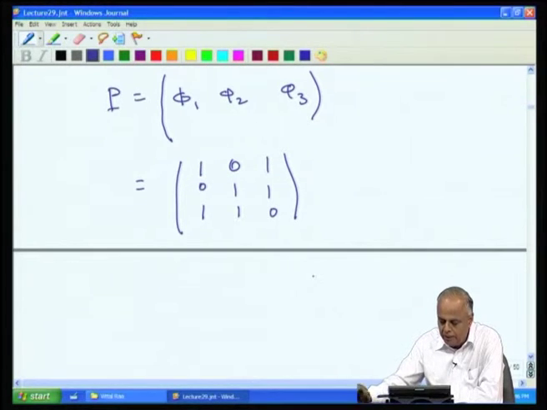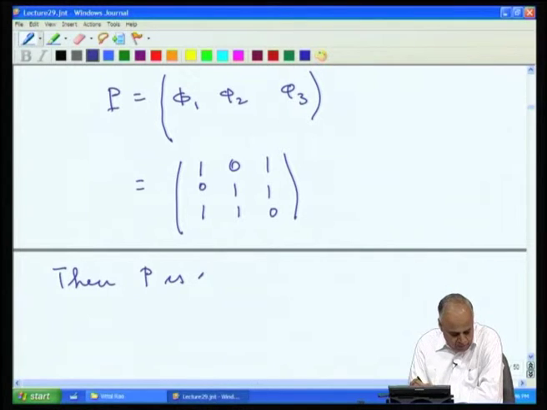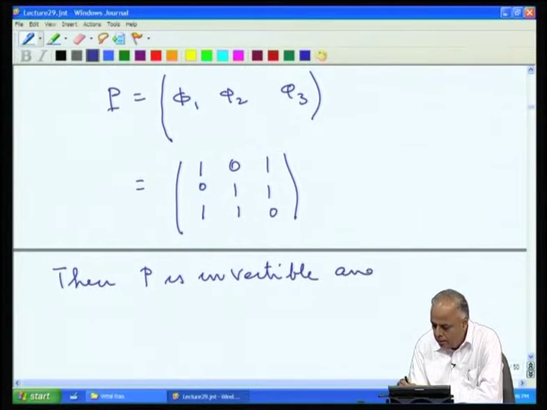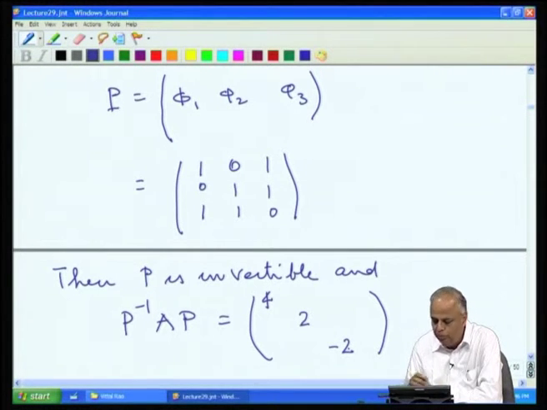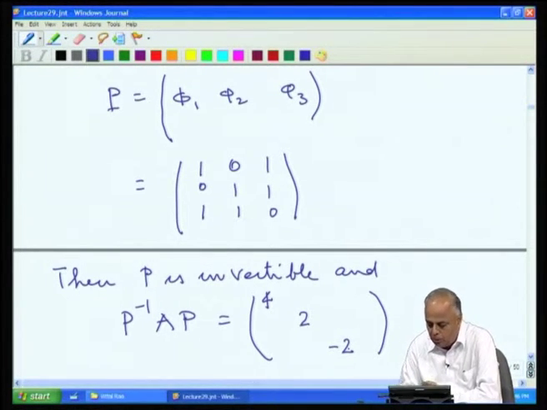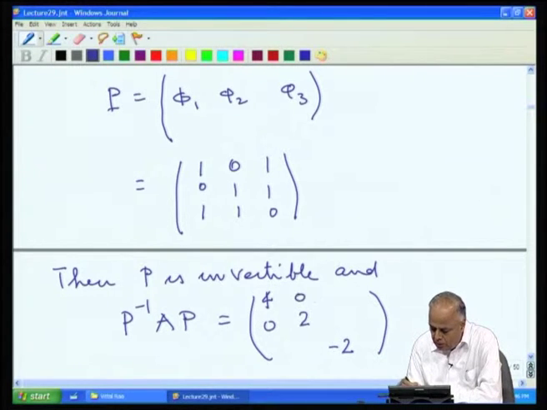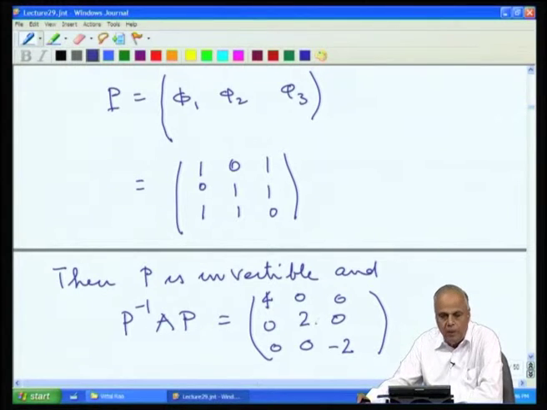If we take this matrix, then P is invertible and P inverse A P will be, the first column corresponds to the eigenvalue 4, the second column corresponds to the eigenvalue 2, and the third column of P corresponds to the eigenvalue minus 2. So, these eigenvalues will come in the diagonal and all other entries will be 0, in P inverse A P.